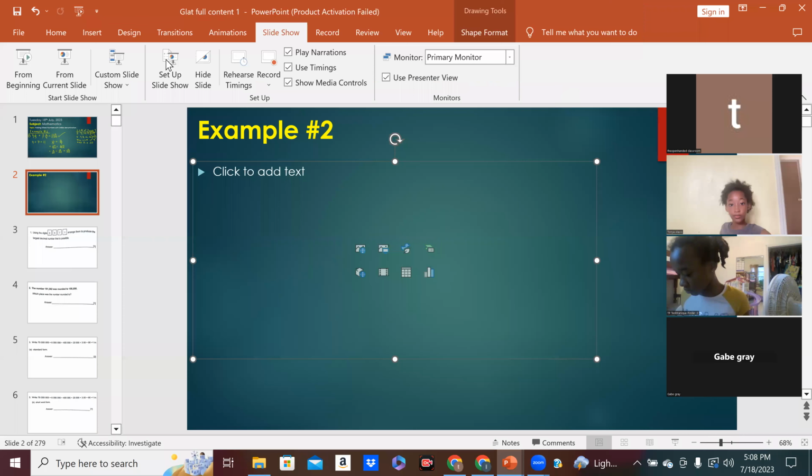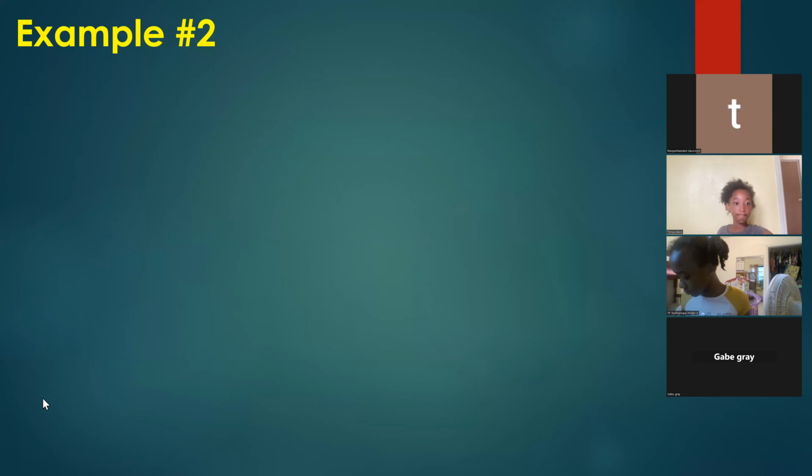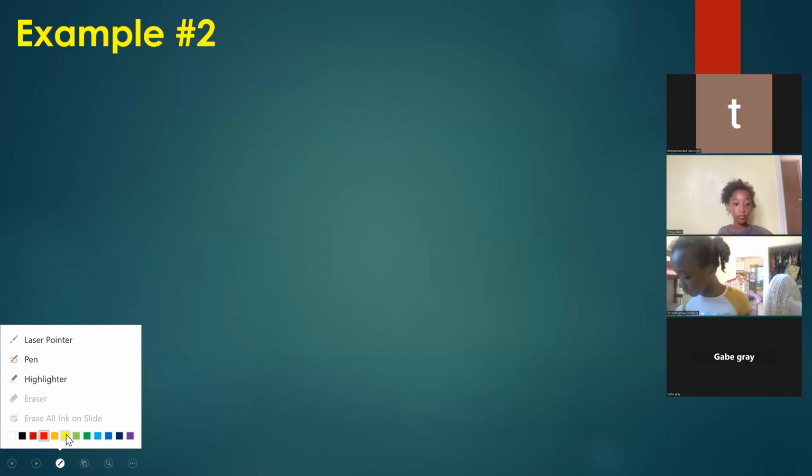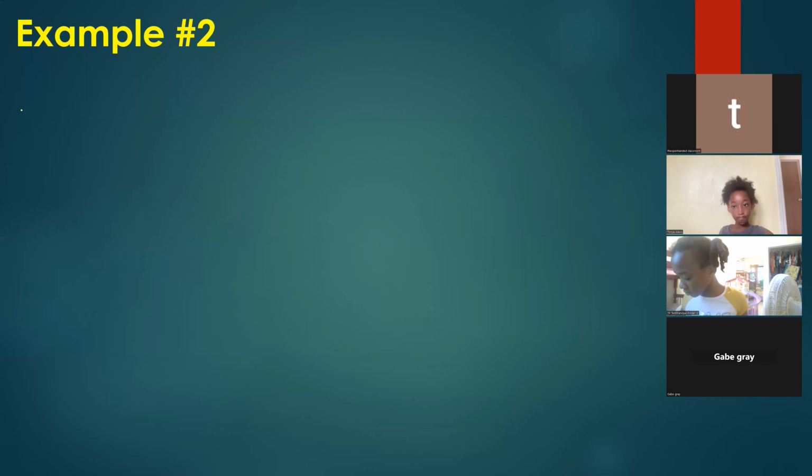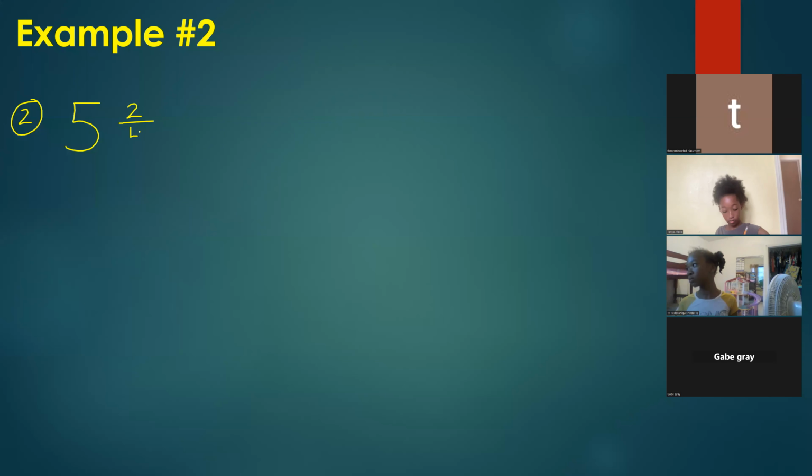Once you finish and get your answer, I want you to put it inside the chat. So there's number 2. Let's say we get 5 and 2 over 4 plus.